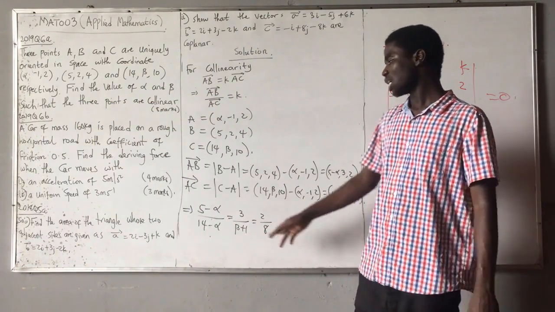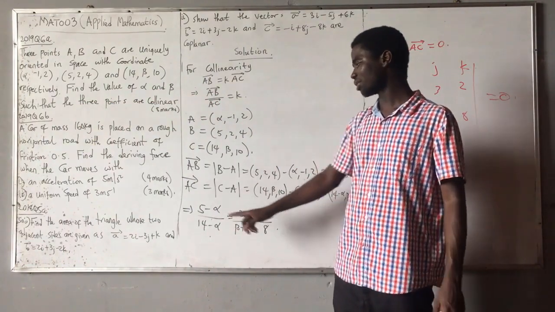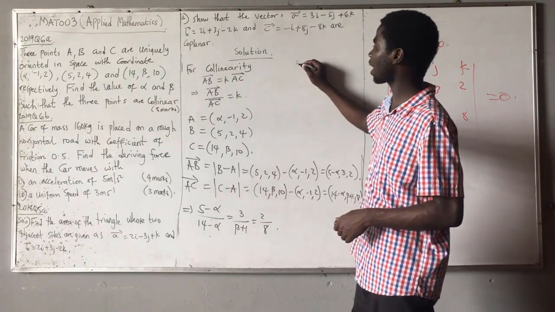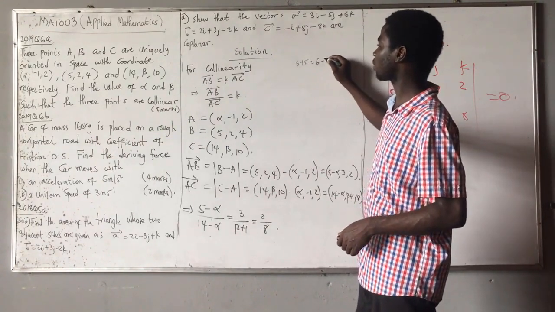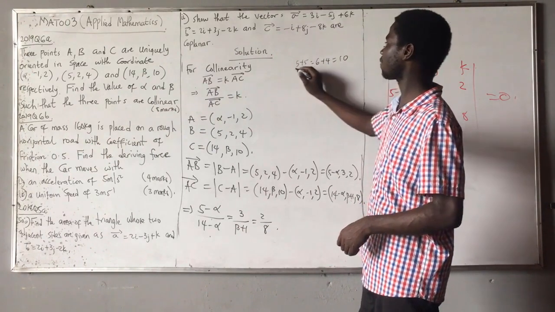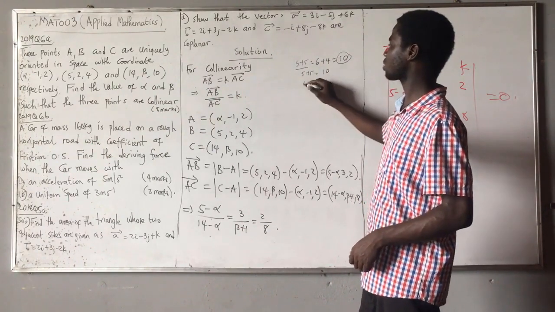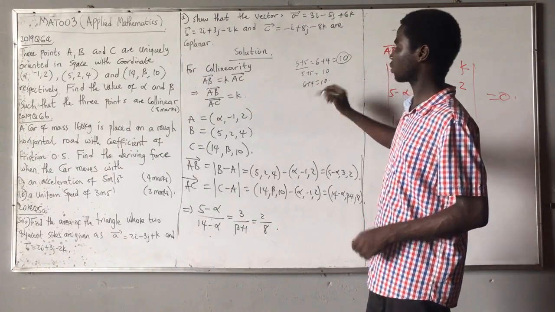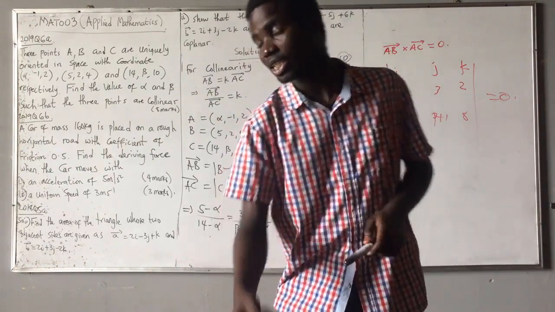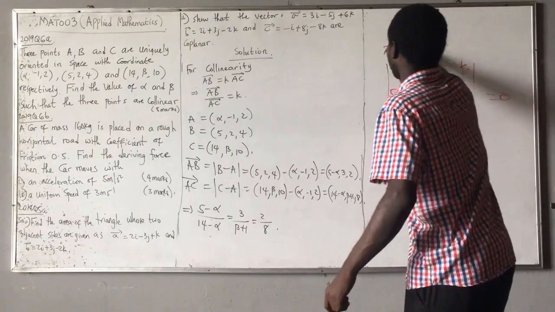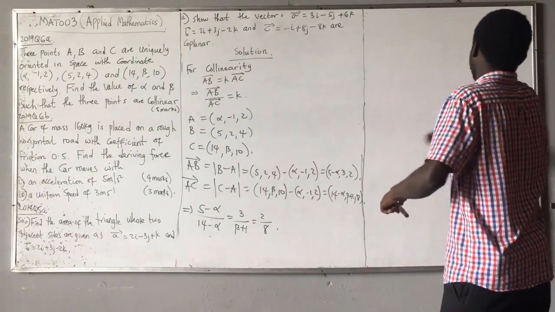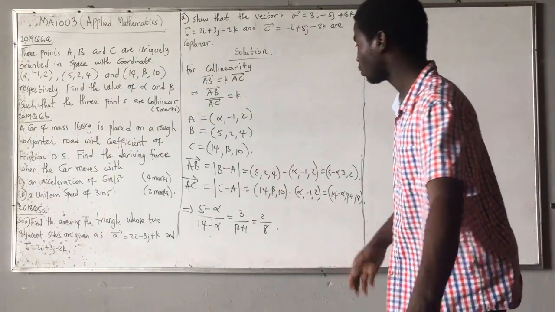If they say 5 plus 5 is equal to 6 plus 4, it means that 5 plus 5 is equal to 10, and 6 plus 4 is also equal to 10. So that's what we are going to do here. Do you understand my point? Now, what am I going to do here? This is what I'm going to do here.